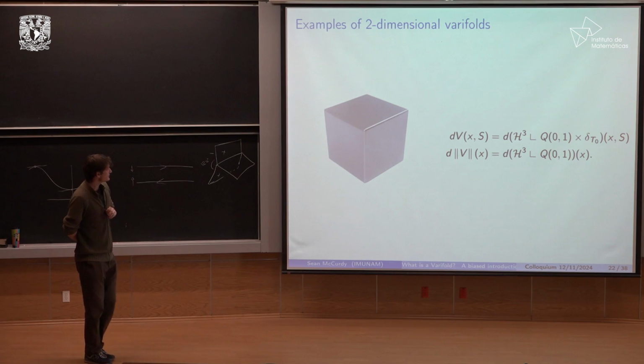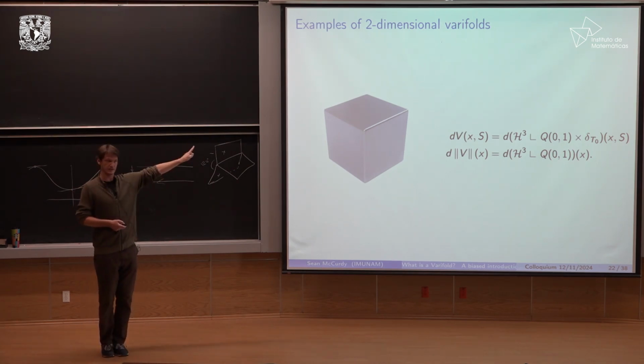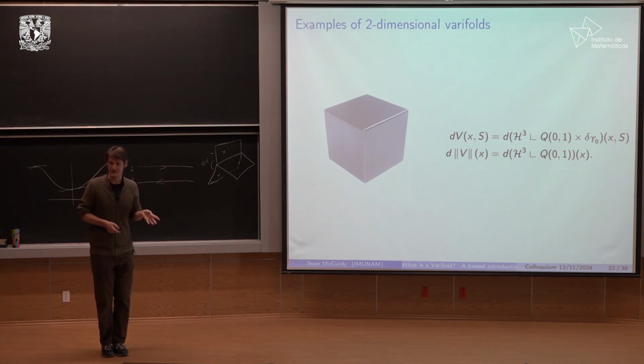And another example of a two-dimensional varifold is maybe I take the three-dimensional cube, and in the Euclidean component, just integrate with respect to the three-dimensional Hausdorff measure, and maybe I choose a single plane for every single point, that's a two-dimensional plane. And that's going to be the measure in the Grassmannian component. Why do I have these examples up?